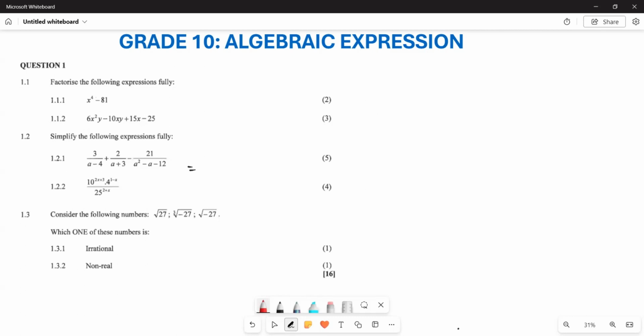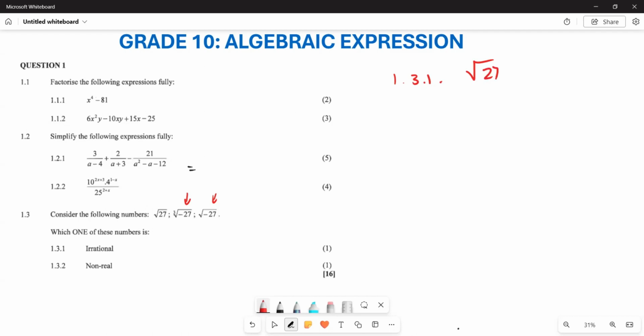Now, what are irrational numbers? Irrational numbers are numbers that are non-recurring decimals. If you check this one, this is not going to be your irrational number, and this is also not going to be your irrational number, which means the only number that is going to be your irrational number here is root 27.